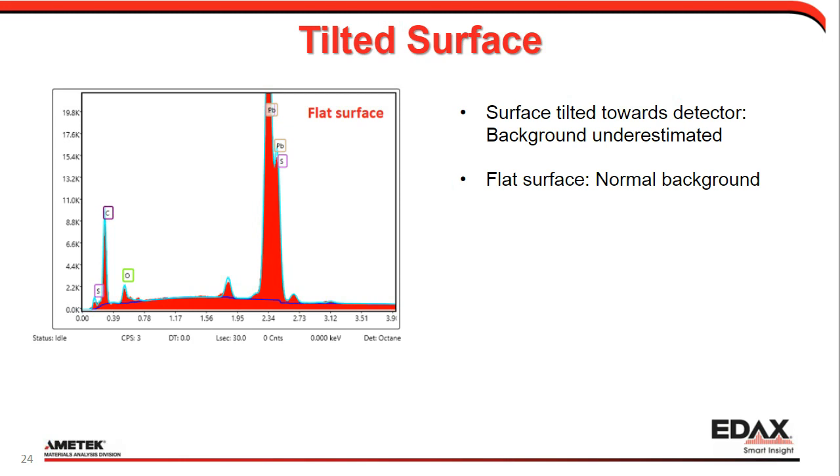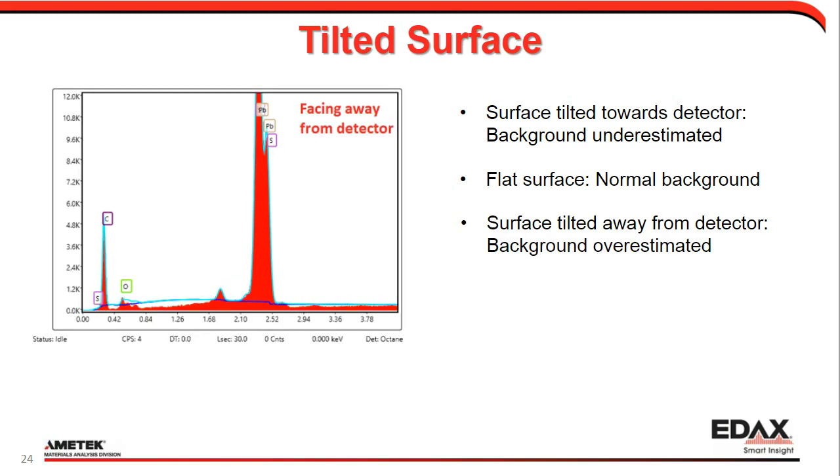For the surface tilted away from the detector, we see the background is overestimated. So if your background model does not fit your background, that's an indicator that your sample surface is not flat, and if you do quantification analysis, the results will not be good.